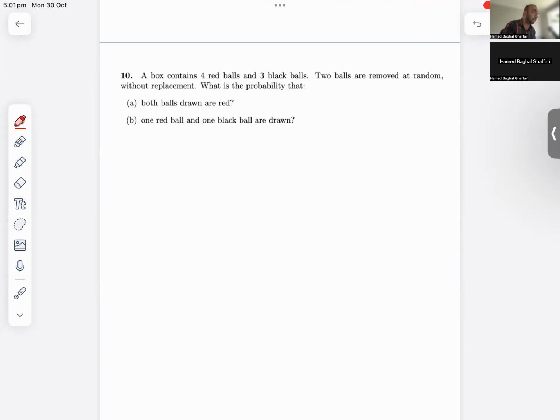So part A must be choosing 4 red balls among 7 balls times, without replacement, so one of the balls has been removed. So we've got only 3 reds and totally 6 balls. So it will be 3 over 6.